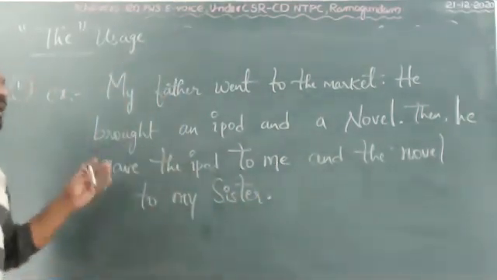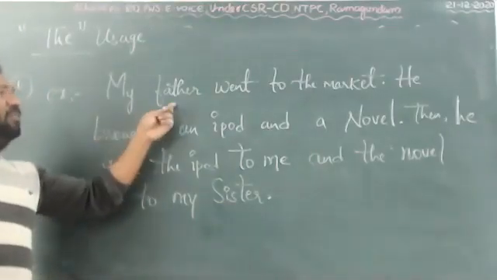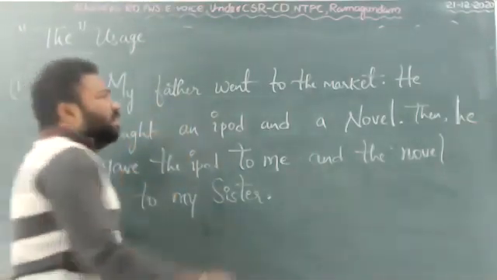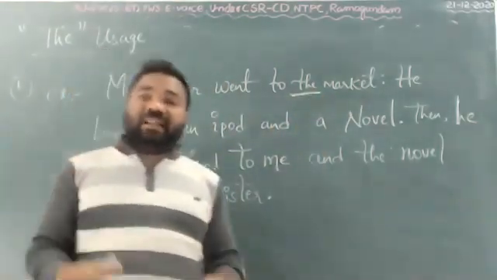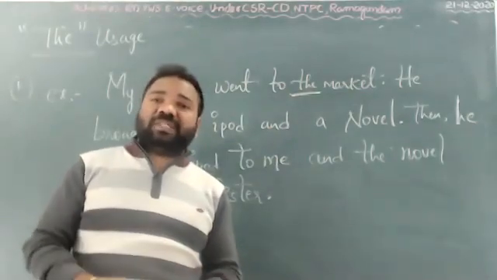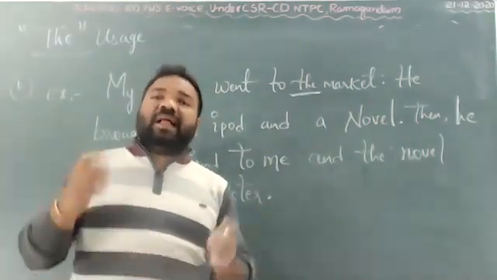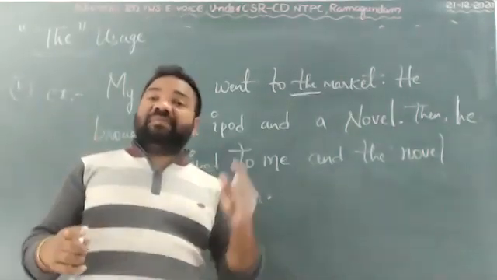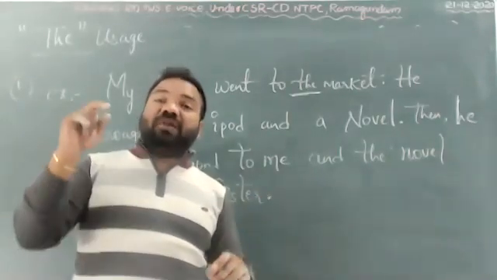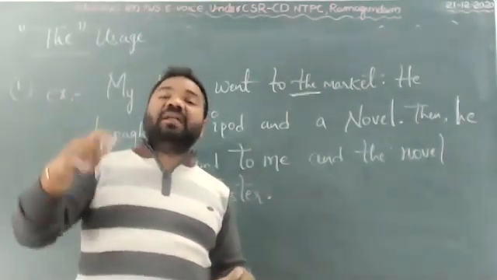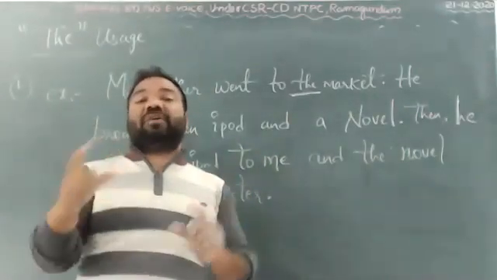Look at this perfect example. My father went to the market. Like, the I have used. When the is used before a particular place, it tells that the speaker or reader knew that it is the particular context we are talking about.